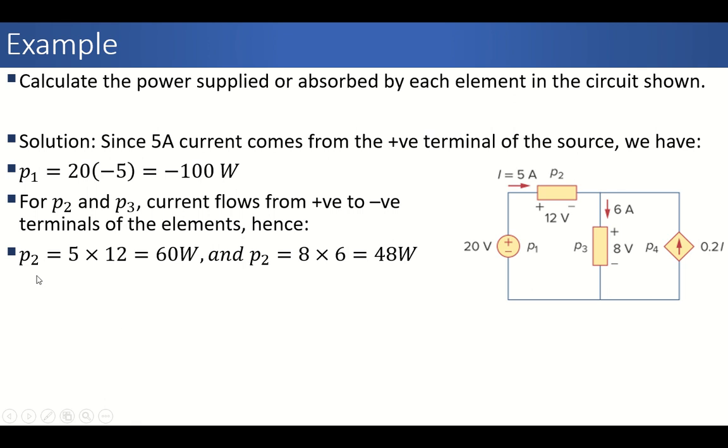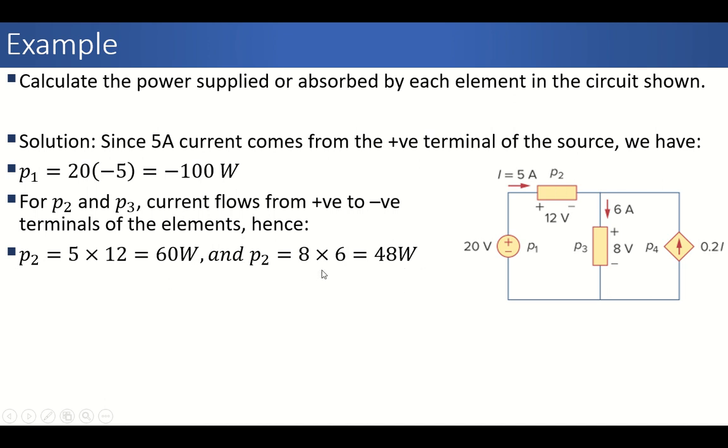So P2 will be equal to VI, where V is 12 and I is 5, so 12 times 5 is 60 watts. You can see that the power is positive because this is a passive element.